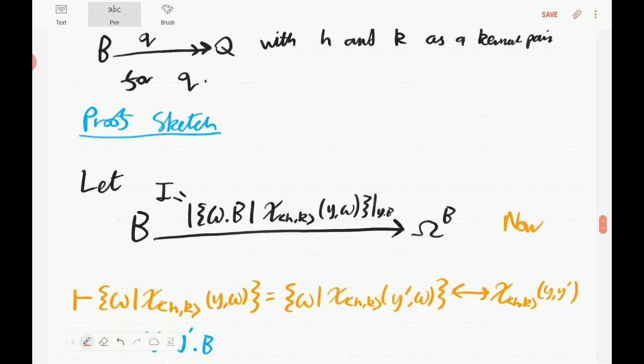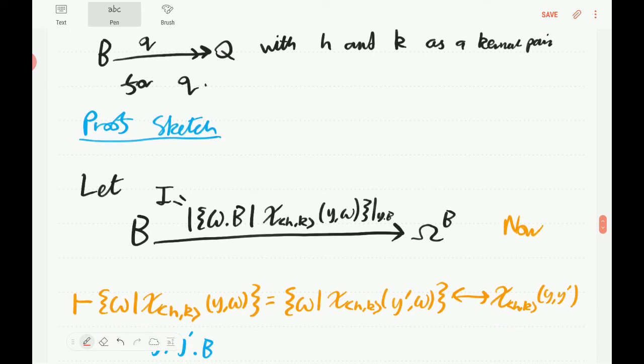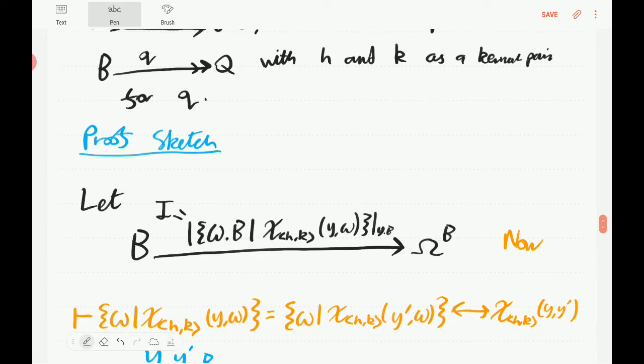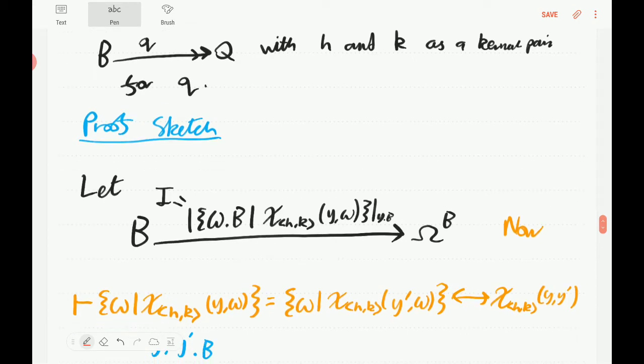So basically you can think of this as mapping something in B, if you think about it in terms of sets, for example, to the set of stuff it's related to under this equivalence relation.